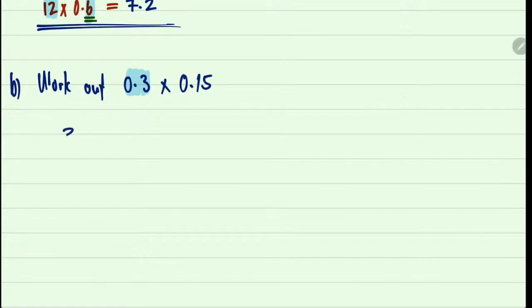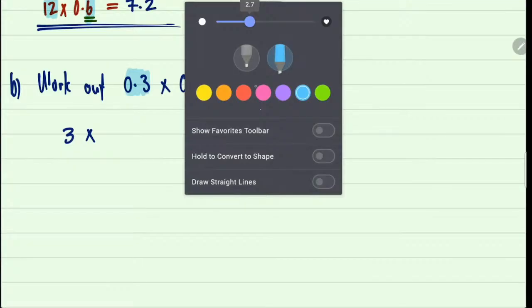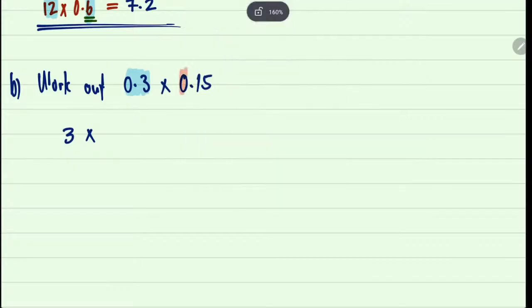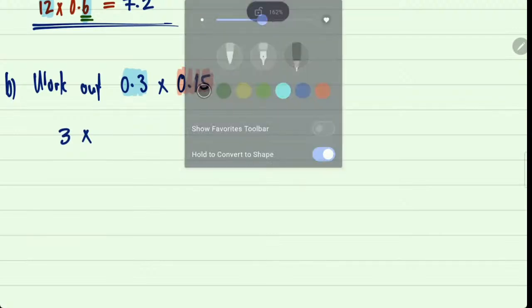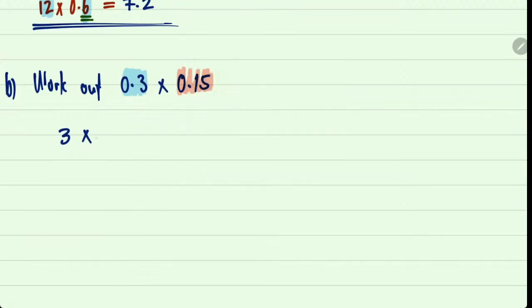Tompo, what is the whole number that I should use here instead of 0.15? Well done, yes, you should use 15. Now, what is 3 times 15?